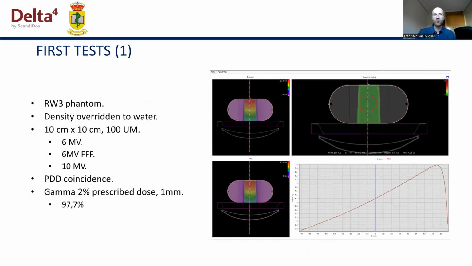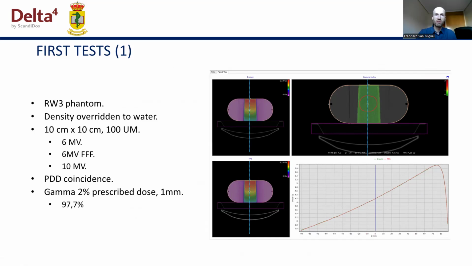The plan was then transferred to Insight to evaluate the differences. The case for 6MV can be seen in the image, and as observed, the agreement between the treatment planning system and Insight calculation is quite good.